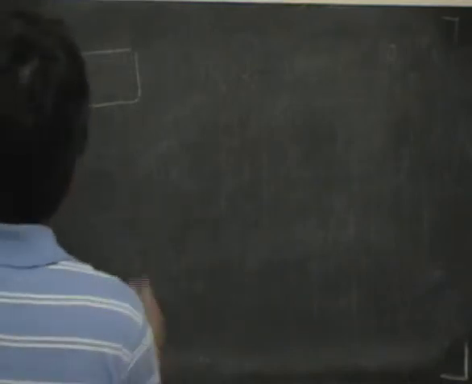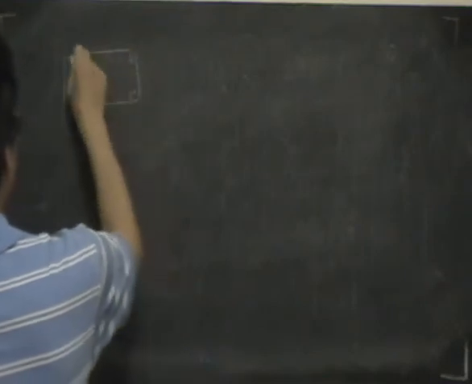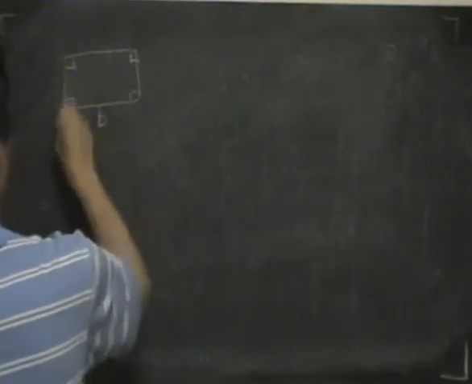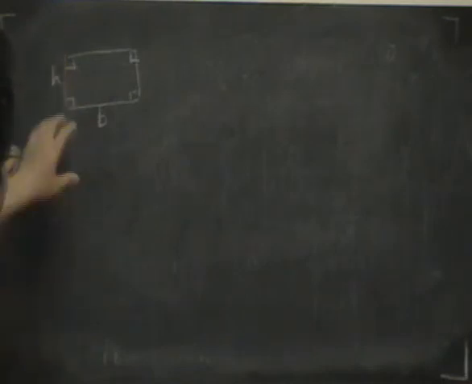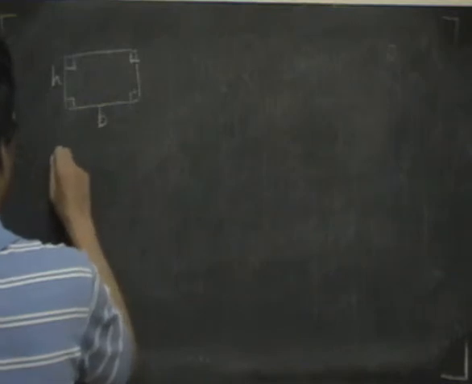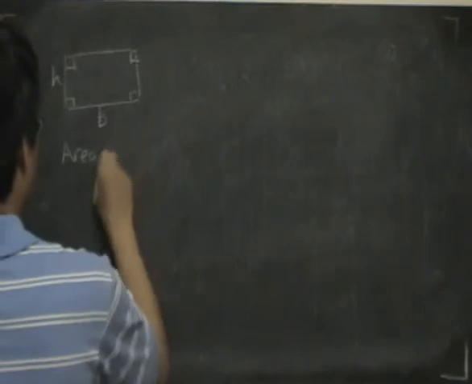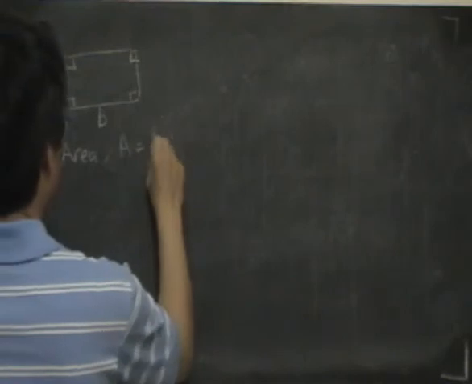If I have a rectangle, all the corners are 90 degrees. Suppose that the length of this base is b, the length of this height is h. We know that the area A is the length times the width, or the base times the height. Area A is equal to base times height.